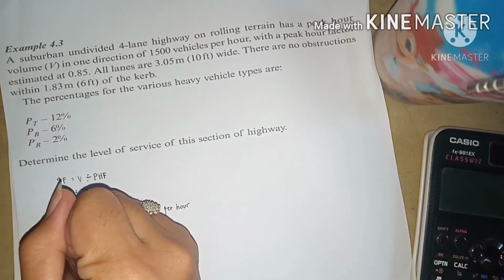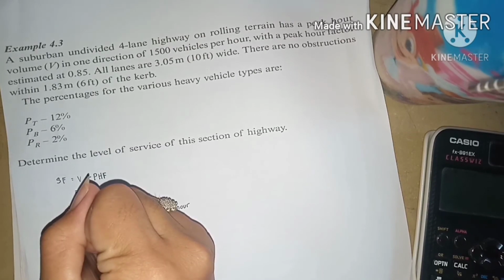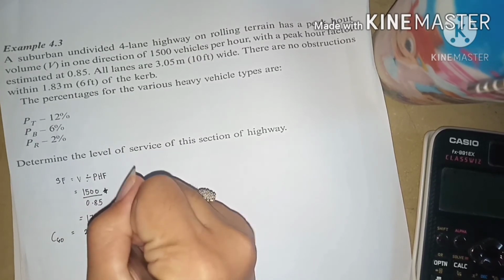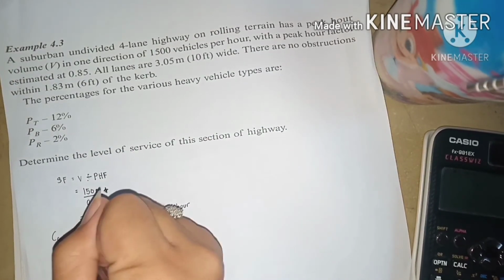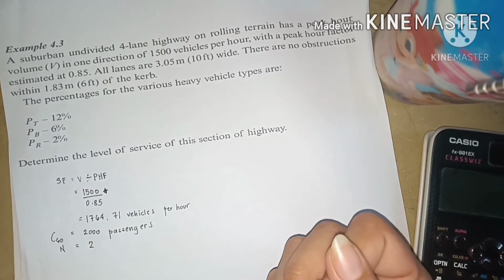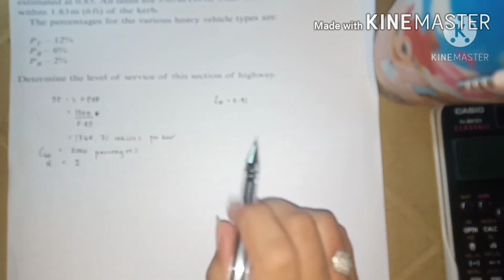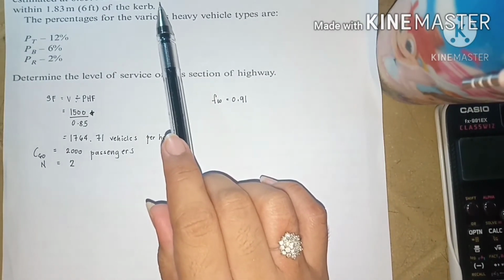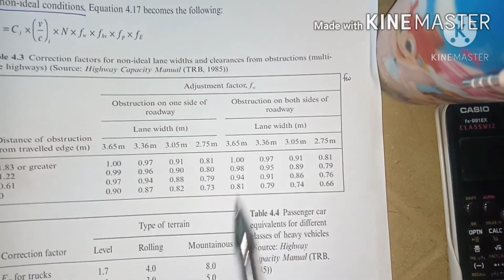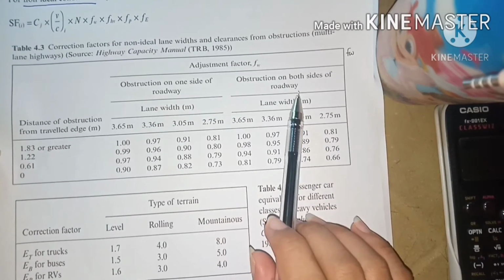Meron tayo dito ang design speed na 60, number of lanes in each direction, which is 2. For the adjustment factor, since siya ay 3.05 meter wide and no roadside obstruction, we can proceed to the adjustment factor table.